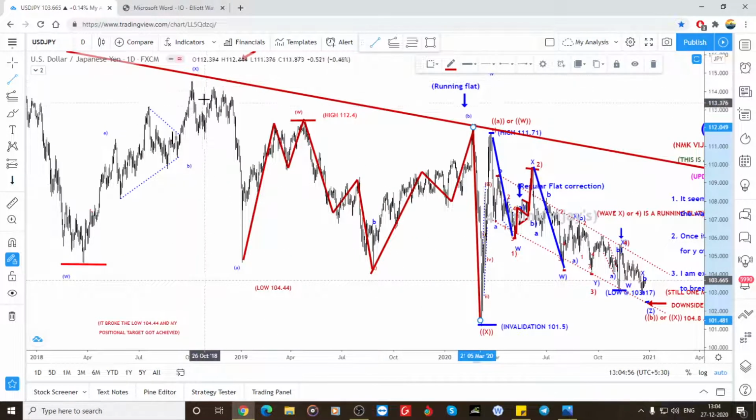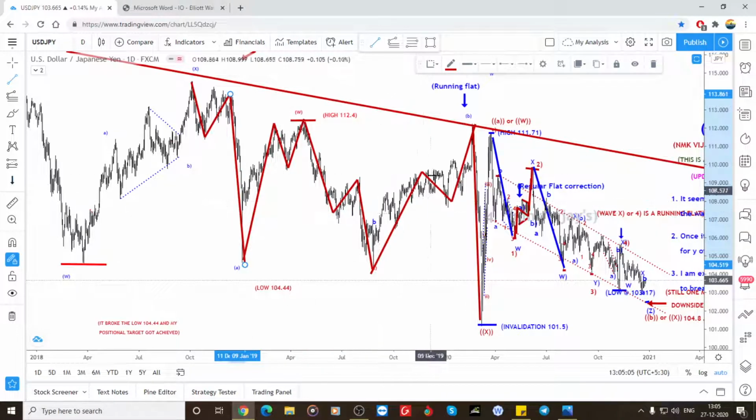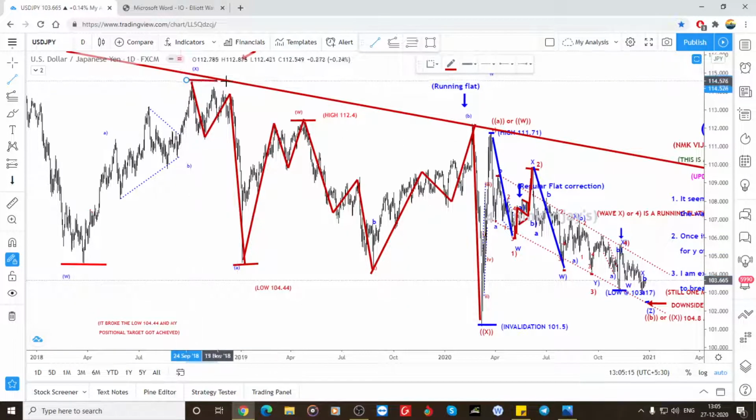After that, here is the intermediate wave B. It went below the A wave here, and that B wave ended within this high. So A, B, C is A, the total is a B, and the C wave got above that A wave.